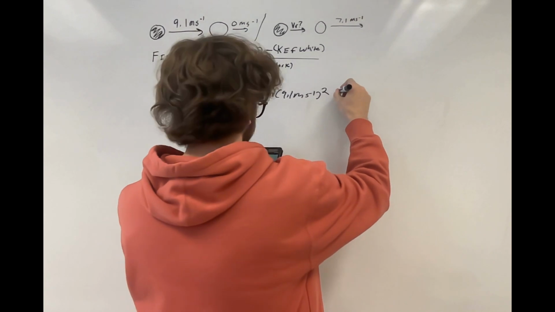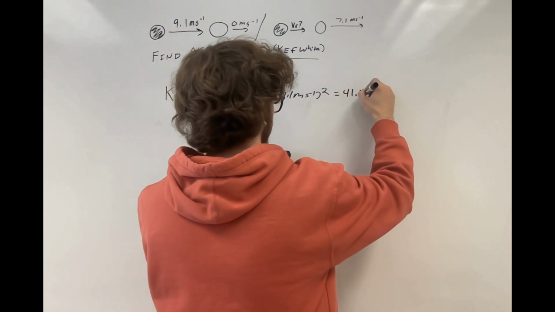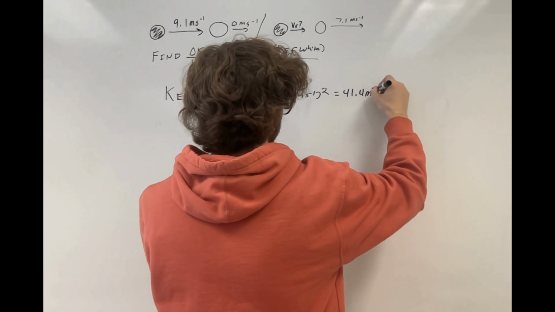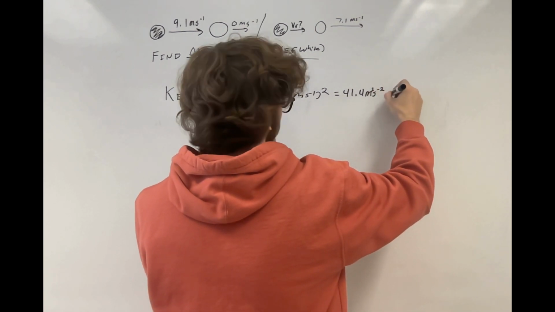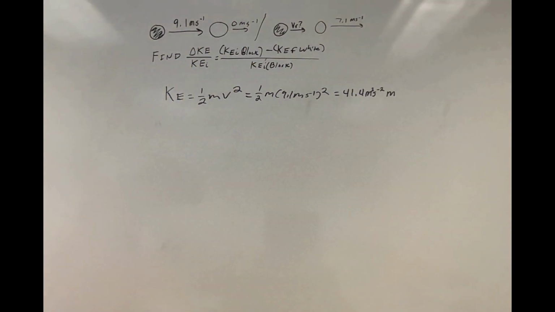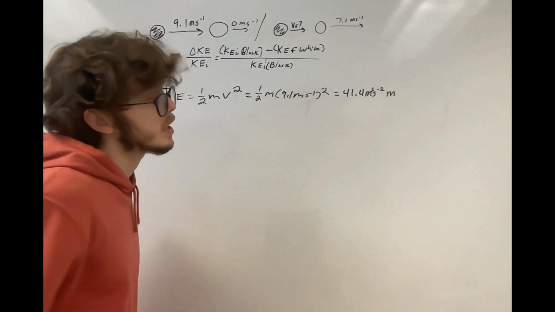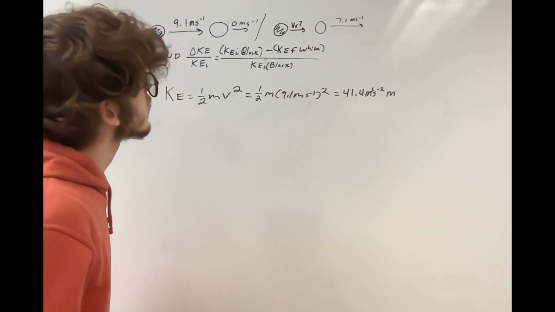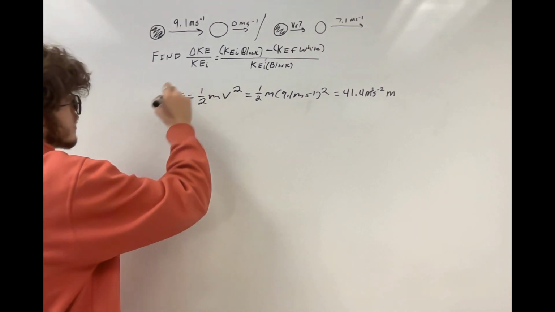We're going to get that that's equal to 41.4 meters squared seconds to the negative second times mass. Okay, so this is a Newton meter just without the mass component factored into it. All right, so that's kinetic energy initial of black.